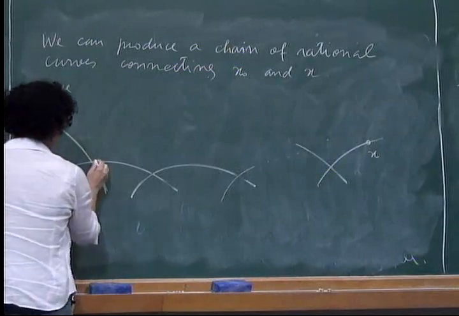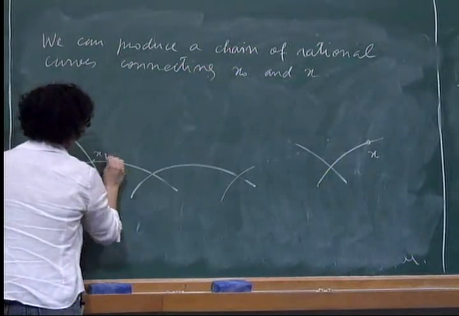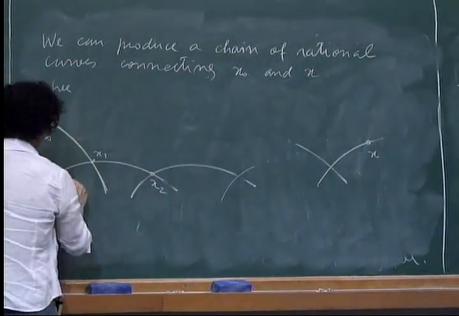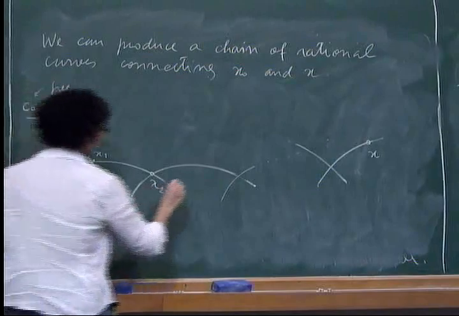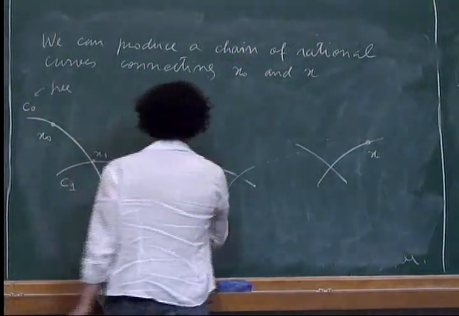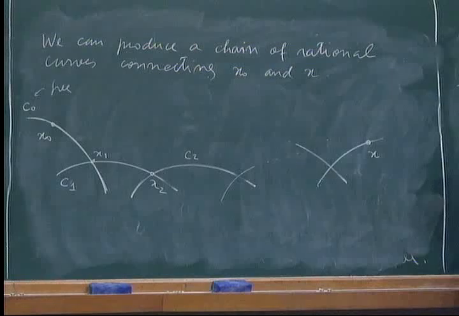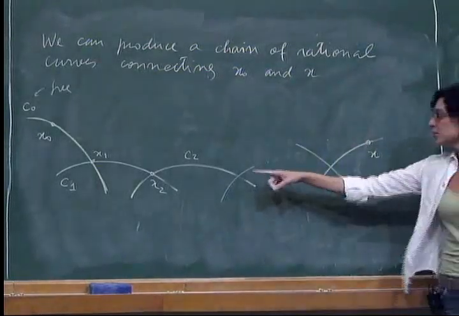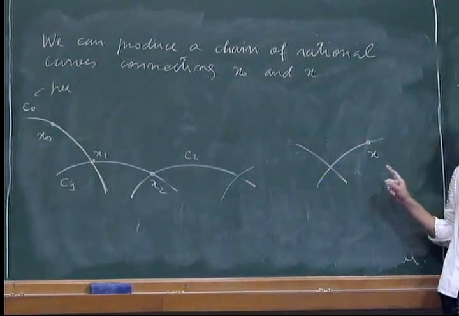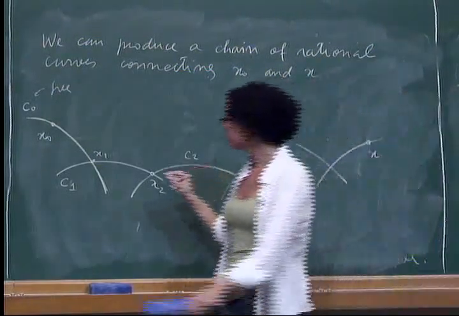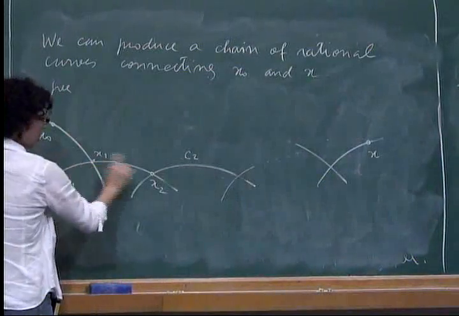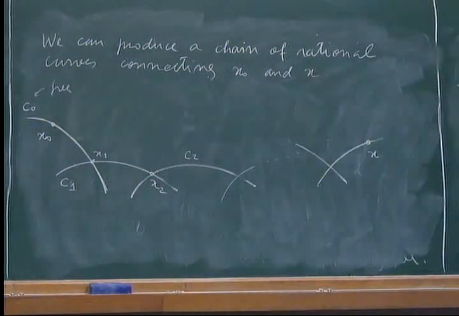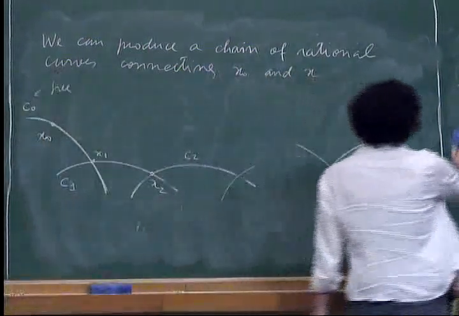Then let me call the intersection points x1, x2, and so on, and the other curves c1, c2, and so on. The next step is the following. I will replace this chain that I obtained in step 1 by another chain whose components will meet in the same points, but now all the ci's will be free.